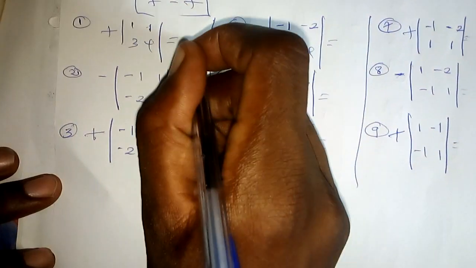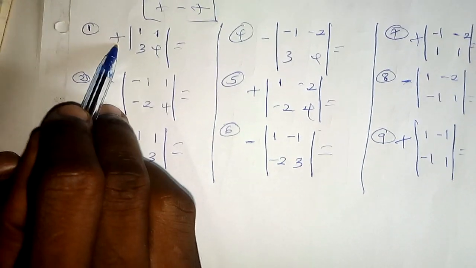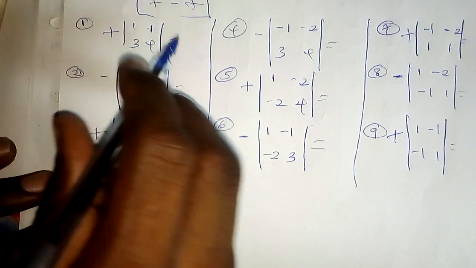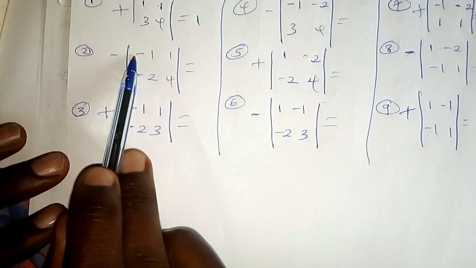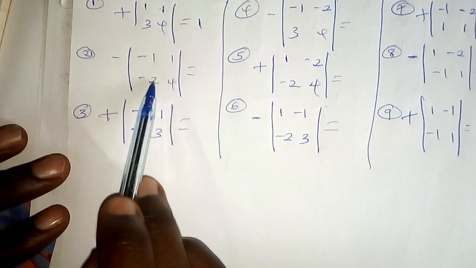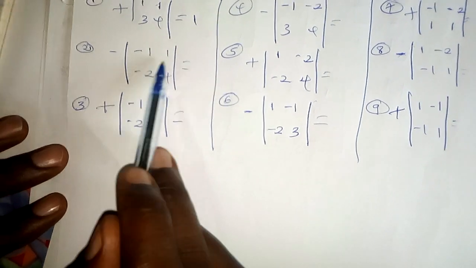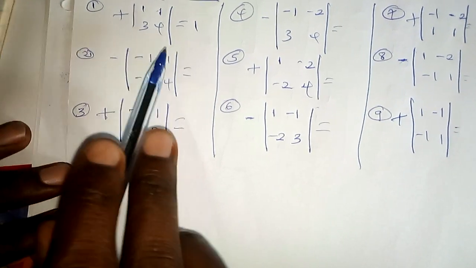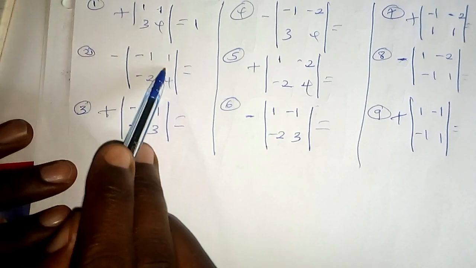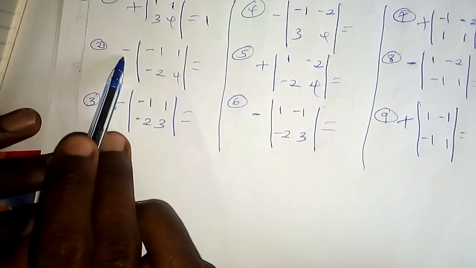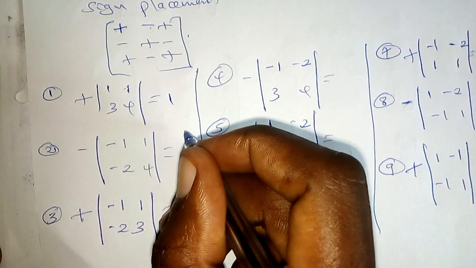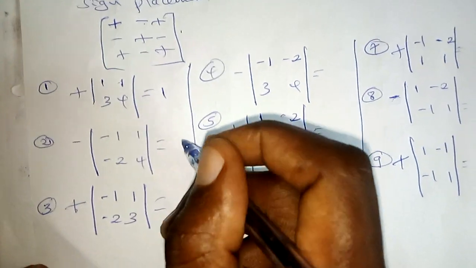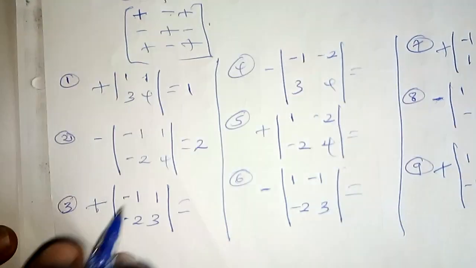Now it becomes, comparing the outer sign, positive, which means it will be 1. The second, when you take 4 by this one, it's negative 4, minus 2, that is plus. Considering this, it will be negative 2. Considering the outer sign, negative, it means it will be positive 2.